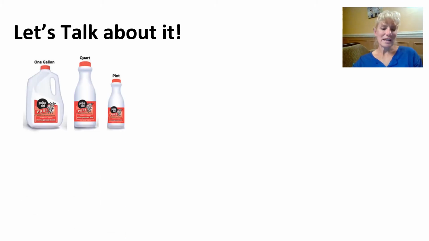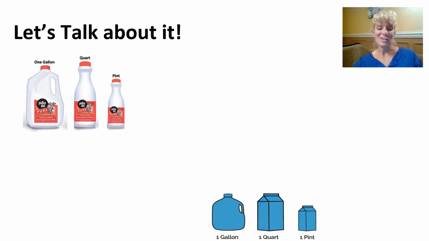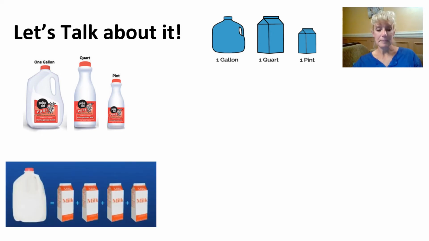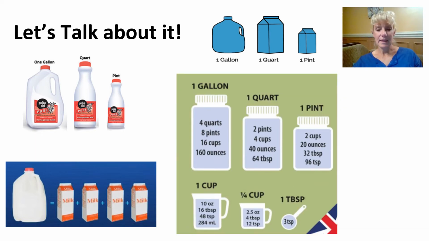If we're just talking about how things are related, we can see that gallons is our largest unit of measurement. Then we have our quarts, our pints, and our cups. Here are some of the figures that you've seen us use when we think of gallons, quarts, and pints. We see that 4 quarts equals 1 gallon. Here it's broken down even more.